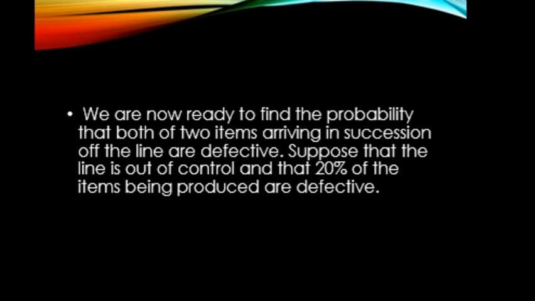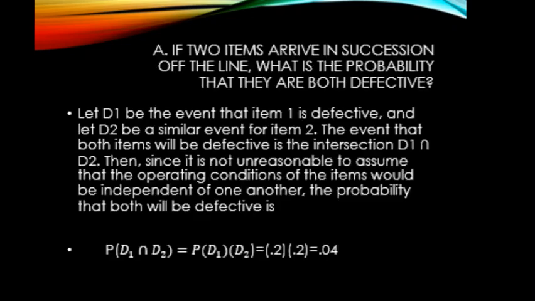Suppose that the line is out of control and that 20% of the items being produced are defective. So for each individual item, the probability of being defective is 0.2, and they are independent of each other. Let's say D1 is the event that item 1 is defective, and D2 is a similar event for item 2.